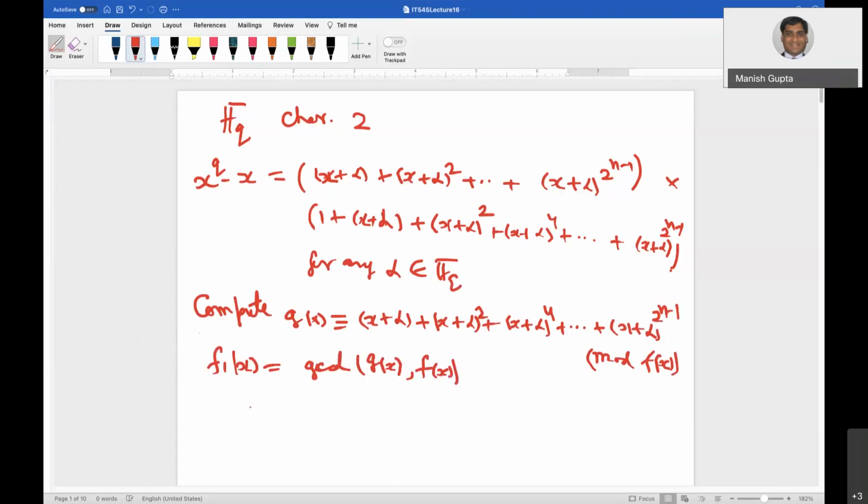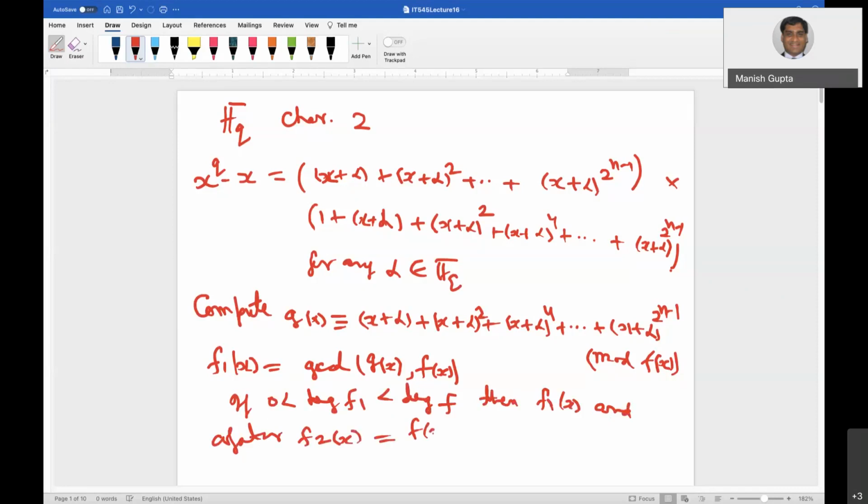Now if degree of f1 is positive and less than the degree of f, then f1(x) is one factor, and the cofactor f2(x) is given by f(x) divided by f1(x).